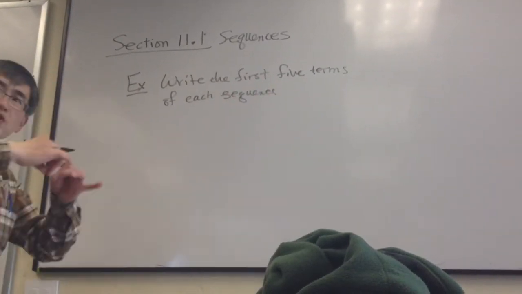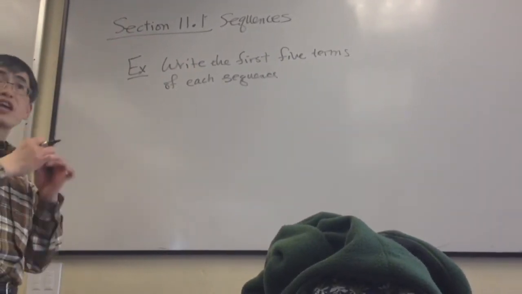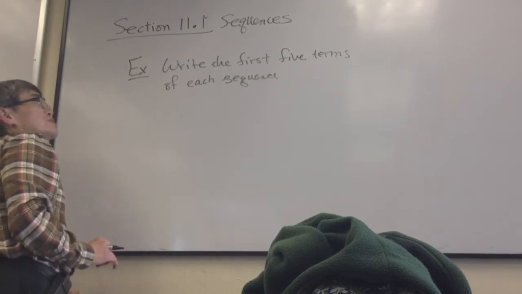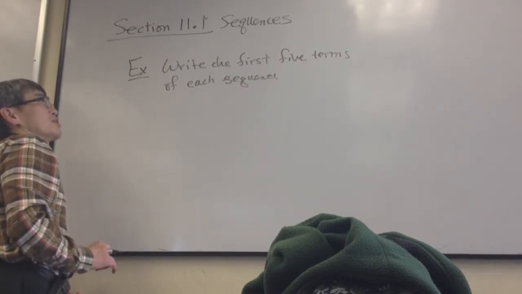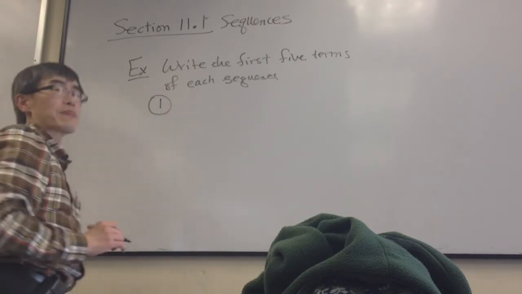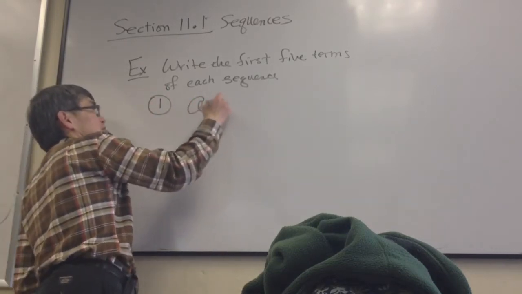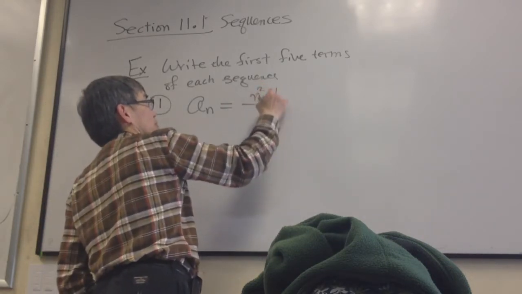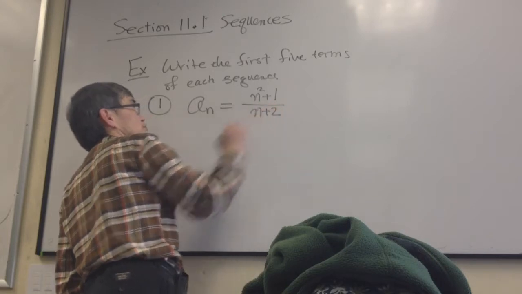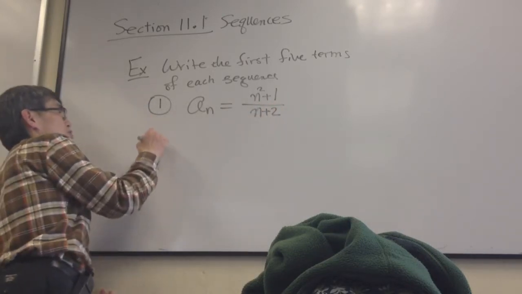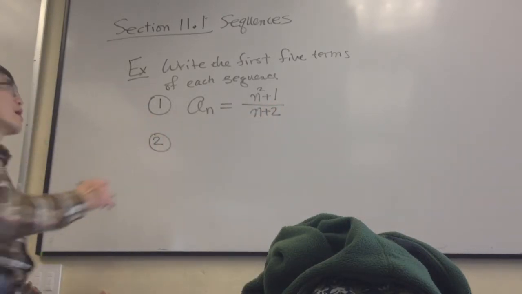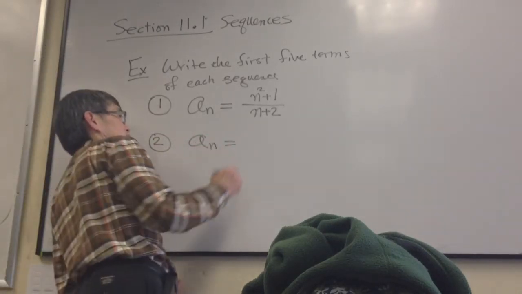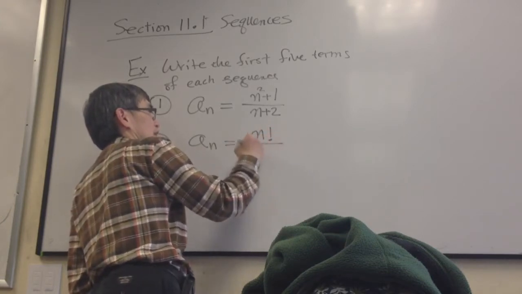We speak of the first term, second term, third term, or first entry, second entry, third entry, and so on. Find the first 5 terms of each sequence. Part 1: let's say an is equal to n squared plus 1 over n plus 2. Number 2: an is equal to n factorial over n plus 1.